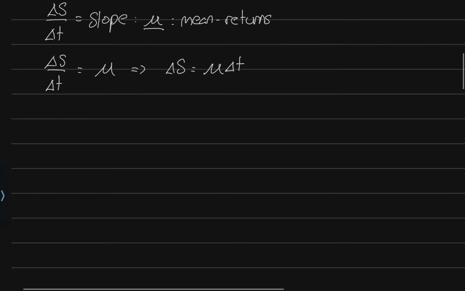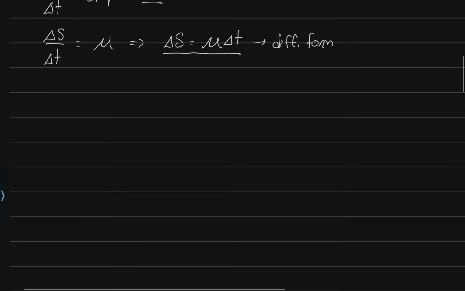Okay, now we have this equation right here, and to further extract information from this equation, we can rewrite this in a differential form, such that we can utilize the power of calculus to draw more relevant information.